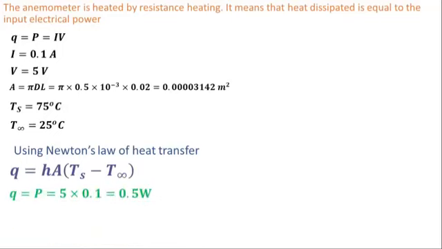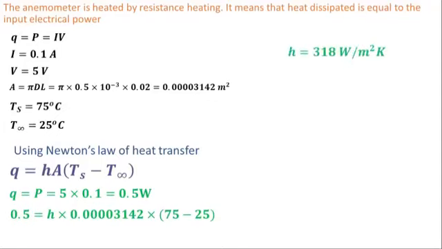Heat dissipated from the anemometer wire will be the electrical power, which is the product of current and voltage, and it comes out to be 0.5 watt. When we put the values of Q, A, Ts and T infinity in Newton's law of cooling, the convective heat transfer coefficient comes out to be 318 watt per meter square Kelvin.